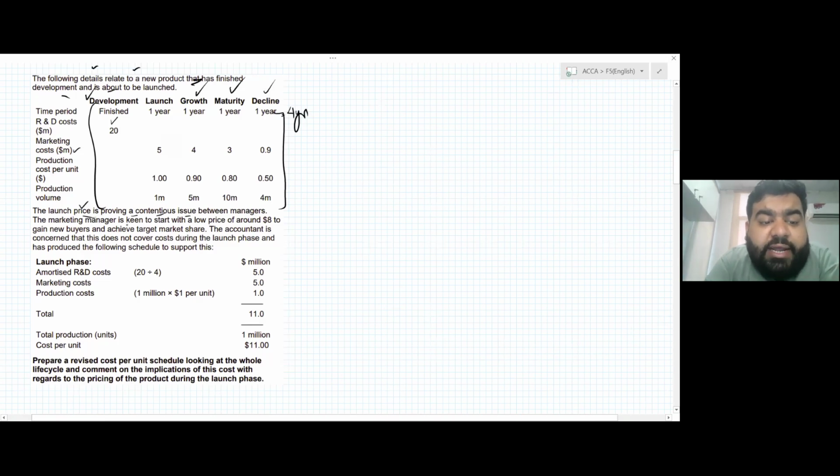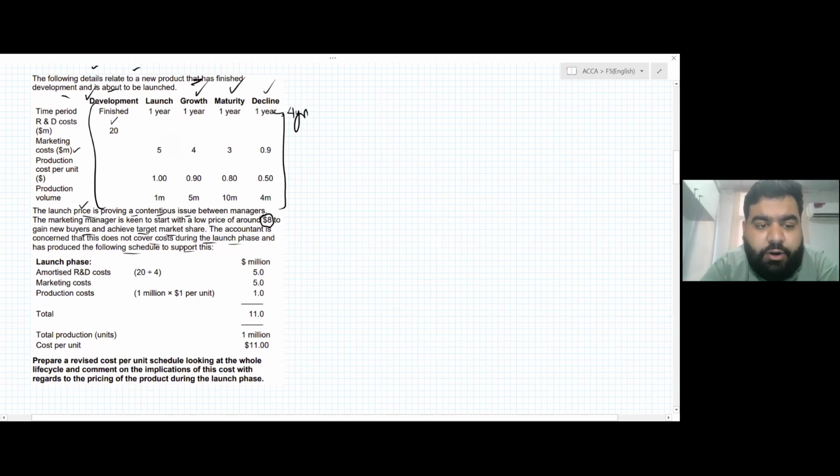The marketing manager is keen to start with a low price of $8, to gain new buyers and achieve target market share. The accountant is concerned that this does not cover the cost during the launch phase, and has produced the following schedules to support this.